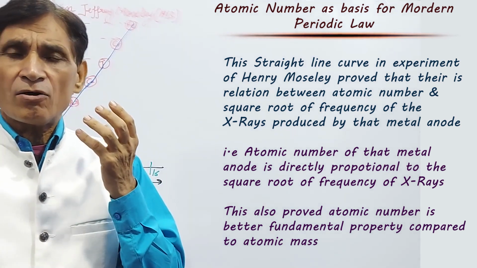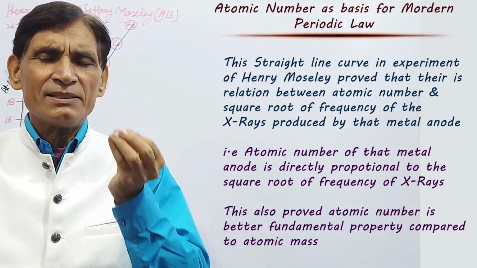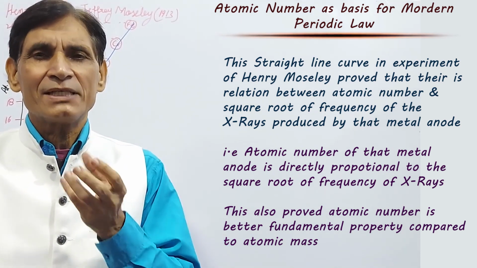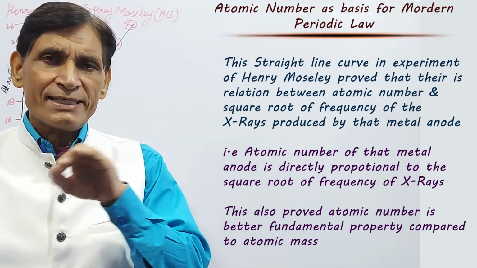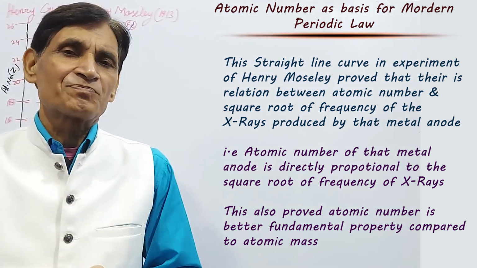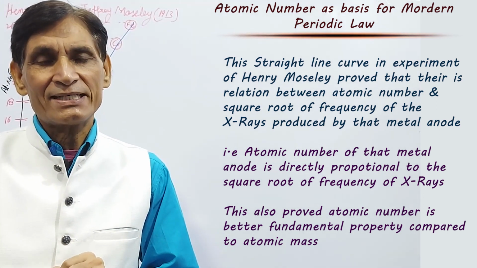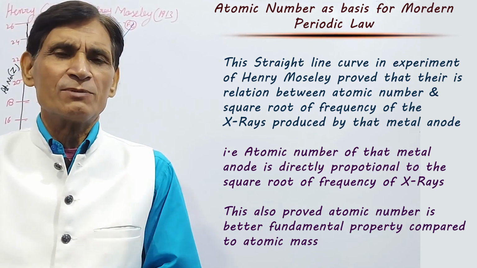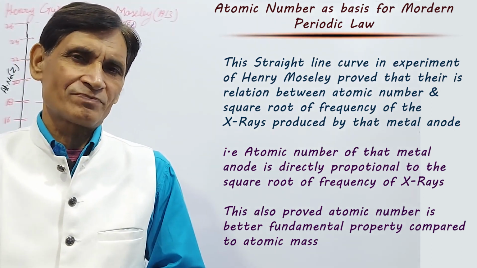And the frequency of X-rays emitted by metal atoms depends on the internal structure of atom of that metal. That is, number of unit positive charges, that is, atomic number present in the nucleus.